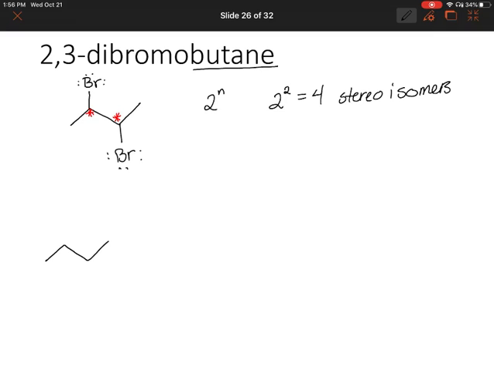So on the first structure, I'm just going to draw both bromines in a wedge position. In the second structure, I'm going to draw them both in a dashed position.